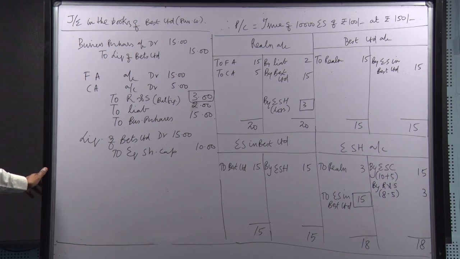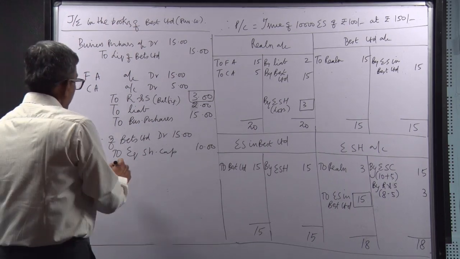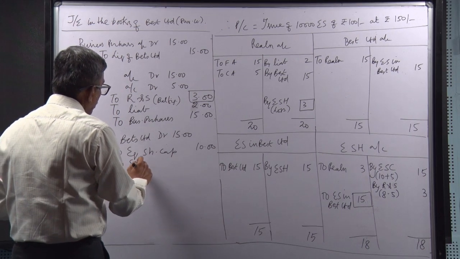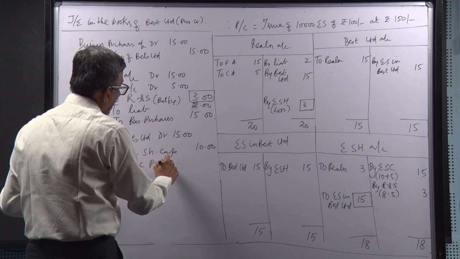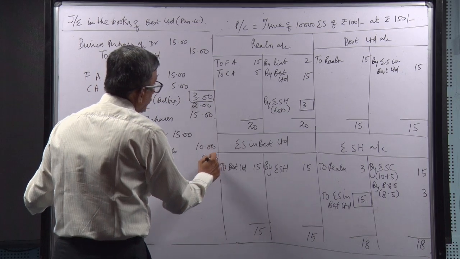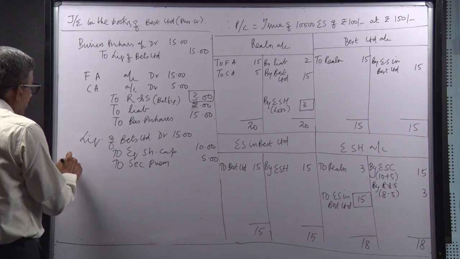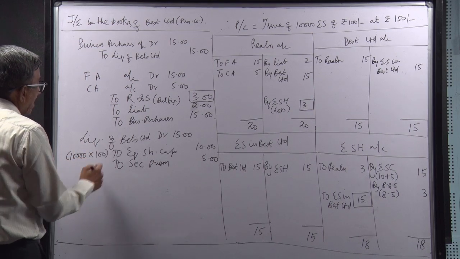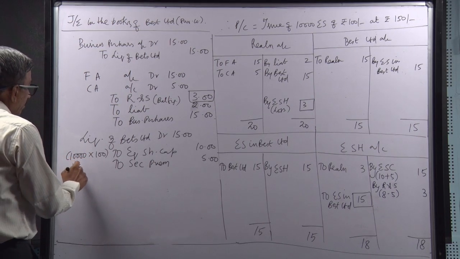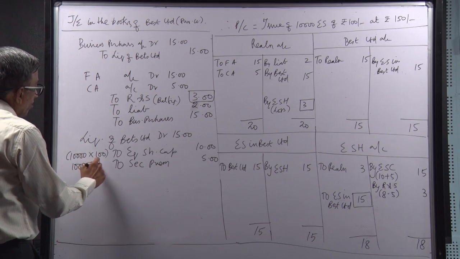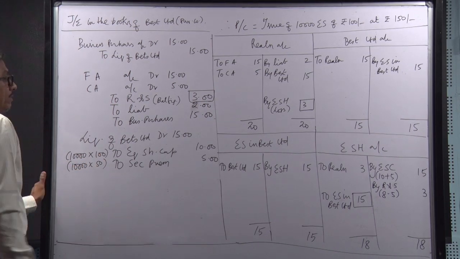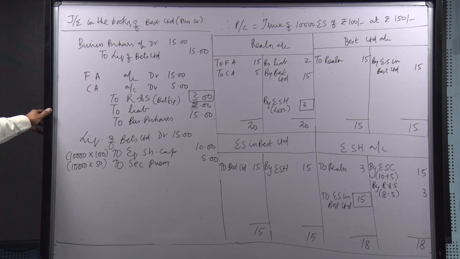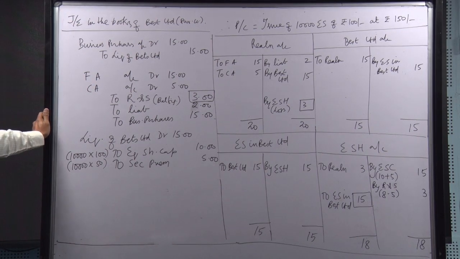That means a premium of 50 per share, so that will go to securities premium, 5 lakhs. They have issued 10,000 shares. Face value 100 will go to capital, 50 rupees premium will go to securities premium. So liquidator of Best account debit 15 lakh, to equity share capital 10 lakh, to securities premium 5 lakh.